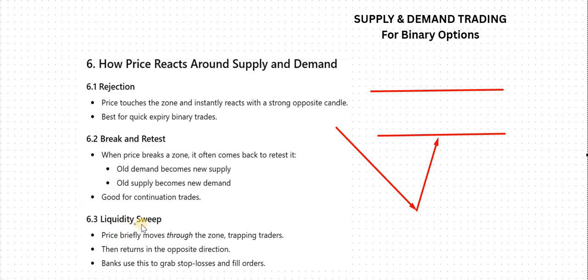Let's go to the liquidity sweep. So liquidity sweep means when the market comes down and it's going up, we know the price is going to reverse from here, but what we do not know is when, because we need to see evidence, just like the rejection. But what the big banks do is, even though they know the price should reverse from here, they want to get more people committed in the trade.